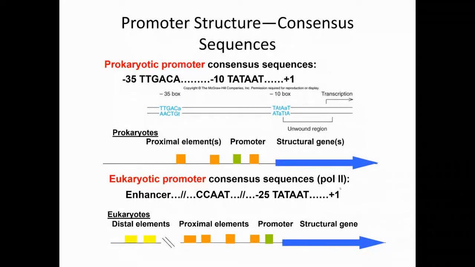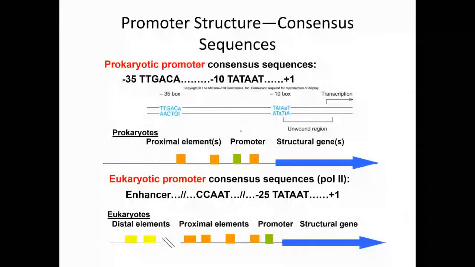Normally they will have the -25 TATA box here, and also the proximal and distal elements and enhancers. These help the specific transcription factors to bind, and they can stabilize RNA polymerase 2 to initiate the transcription.